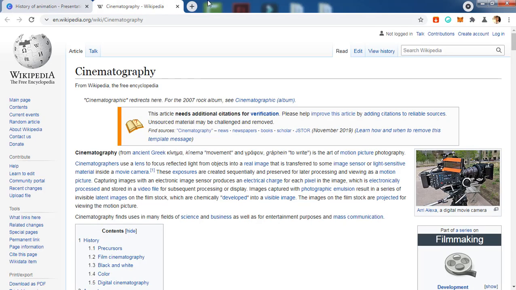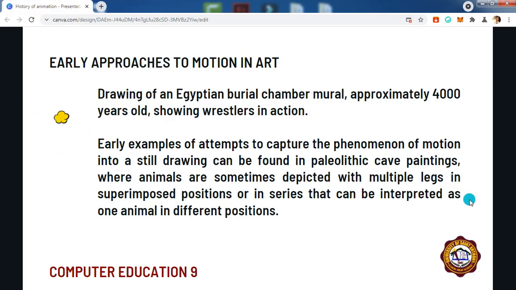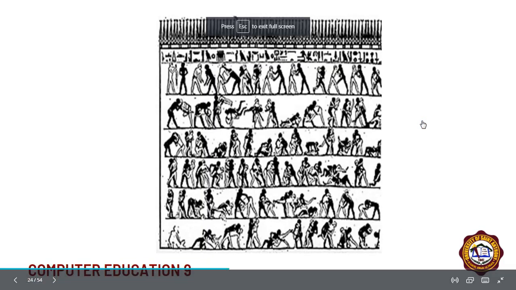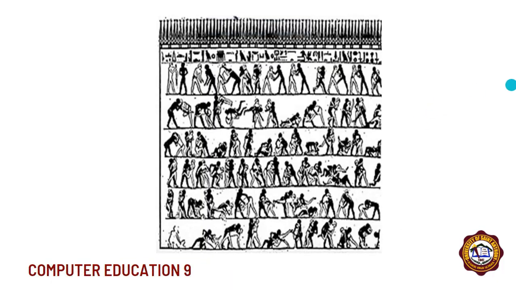So, ito yan. Ito yung example niya. So, researchers usually found mga ganito sa mga kuweba during Paleolithic period.